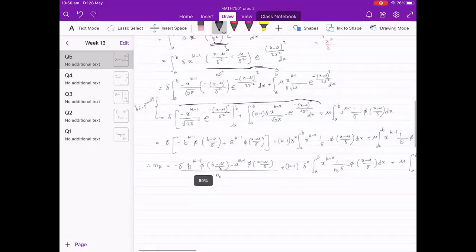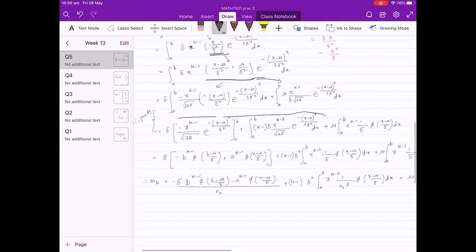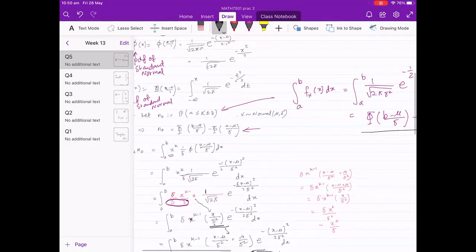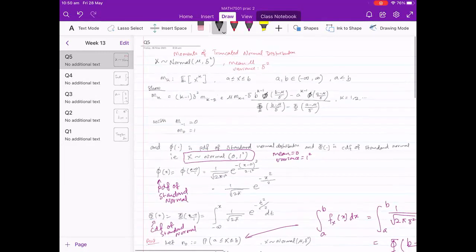And I wouldn't imagine you would be asked to prove this, but you might have to use this recursive formula to derive the moments.